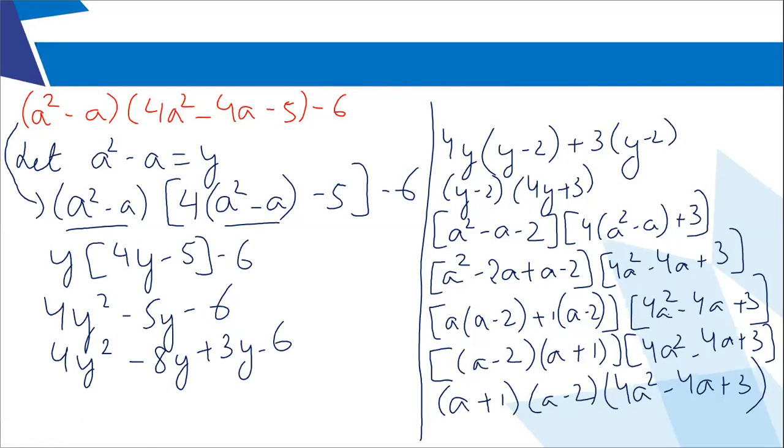Ma'am, why didn't we solve that 4a square minus 4a? It cannot be broken down, because how will you split the middle term? Plus 2a minus 6a, but on multiplication you will get minus 12, but you need plus 12. Plus 3 into plus 4 will give you plus 12 a square.